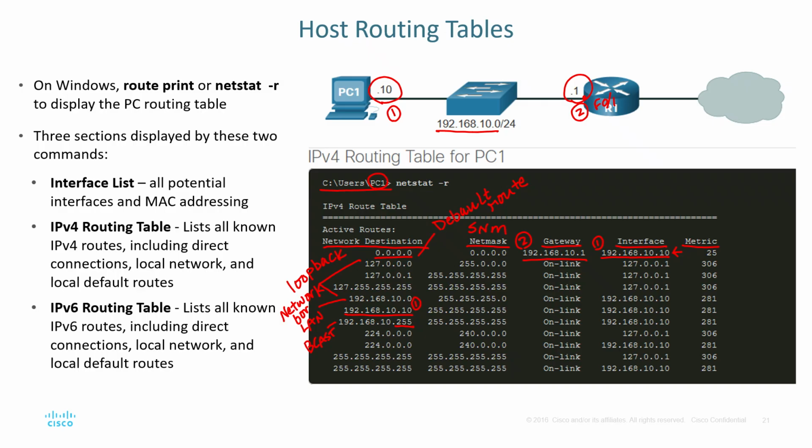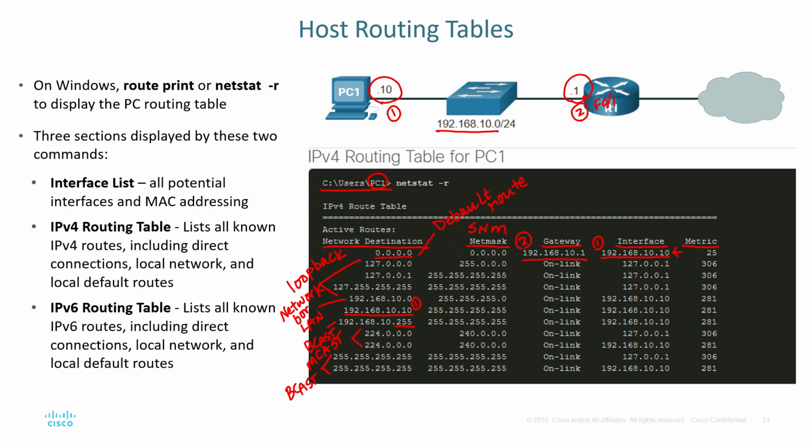We talked about 224, those are multicasts. And lastly, when you look at 255.255.255.255, you should understand that these are broadcasts. If we were to continue and convert those addresses, they would be all ones, identifying a broadcast address. So you need to start trying to understand what you're looking at.